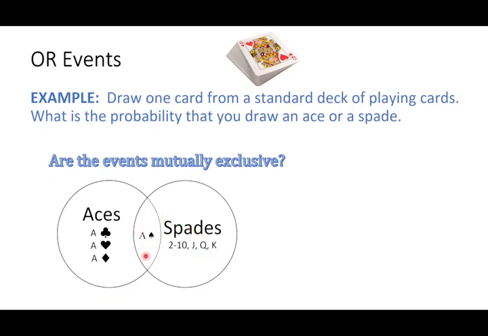This is actually the and part. If we wanted to find the probability that it's an ace and a spade, we're calculating this. But anyways, these are not mutually exclusive because there's overlap. If we consider the outcomes in our event, there's an outcome, and there could be more, but in this case there's just one, that are in both events.